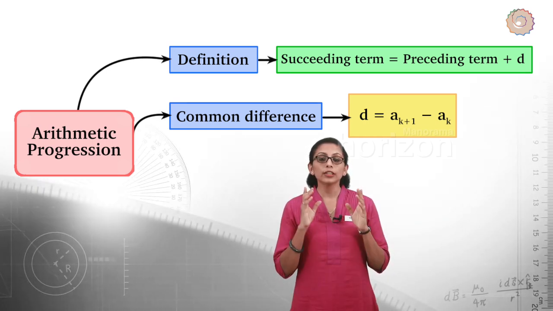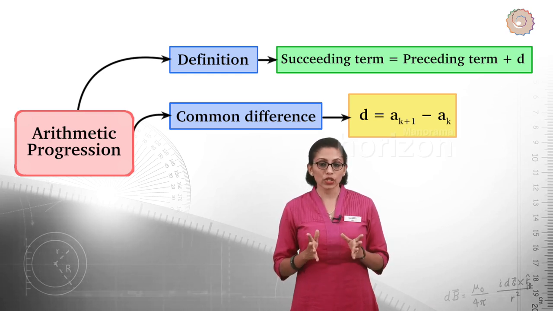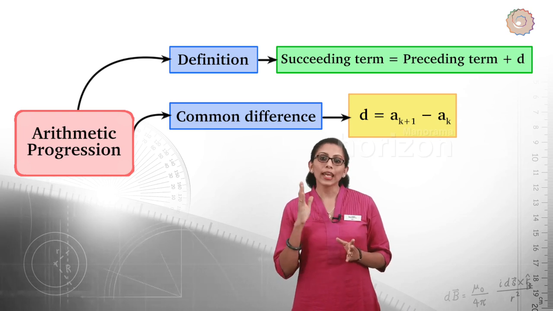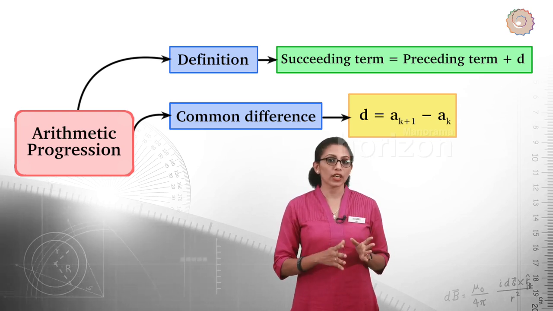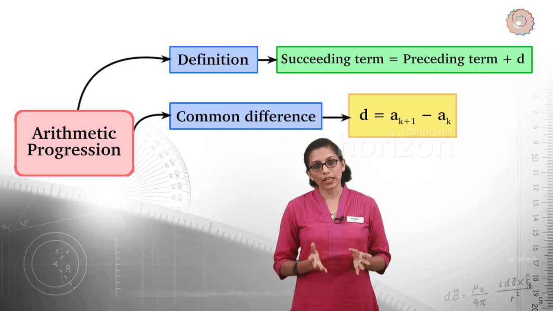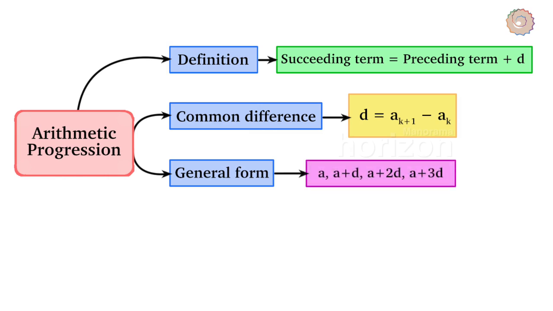Also, we should remember the value of D should be the same for an AP. A given list of numbers A1, A2, A3 is an AP only if the differences A2 minus A1, A3 minus A2, A4 minus A3 give the same value. Also, the general form of an AP is A, A plus D, A plus 2D, A plus 3D and so on.